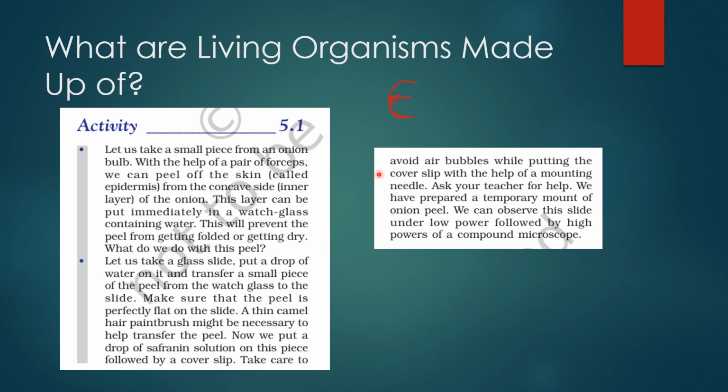Take care to avoid any air bubbles while putting the cover slip with the help of a mounting needle. You can even take the help of your teacher for this. Now we have prepared a temporary mount of onion peel. We can observe this slide under low power followed by high power of a compound microscope. So you will study it inside the microscope.